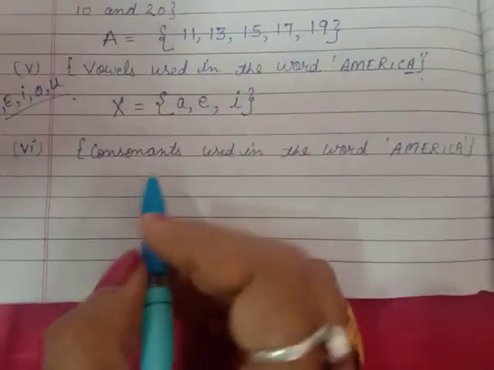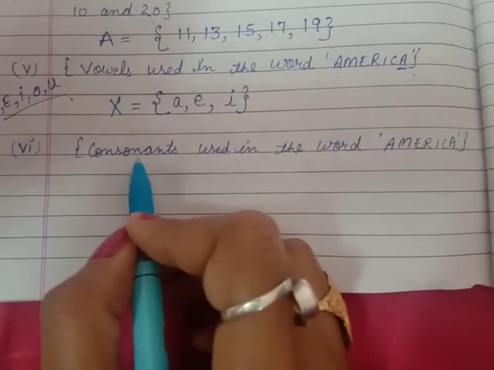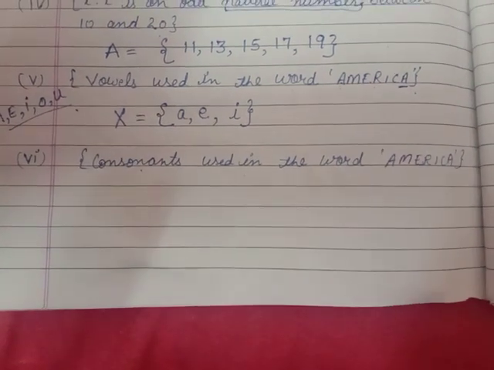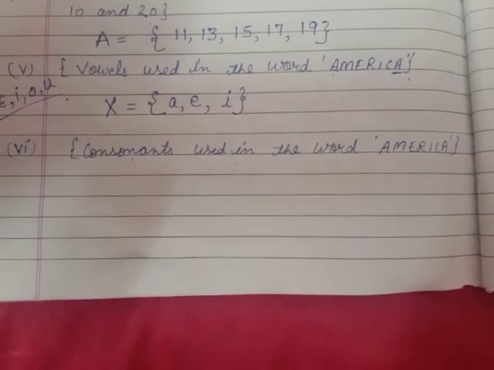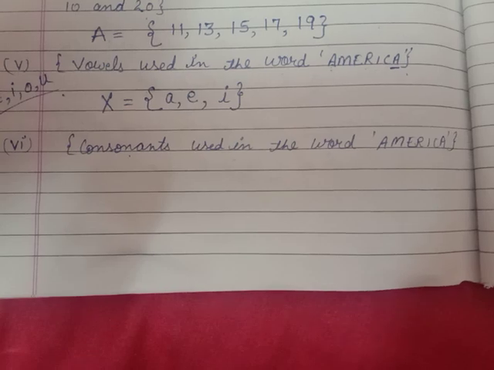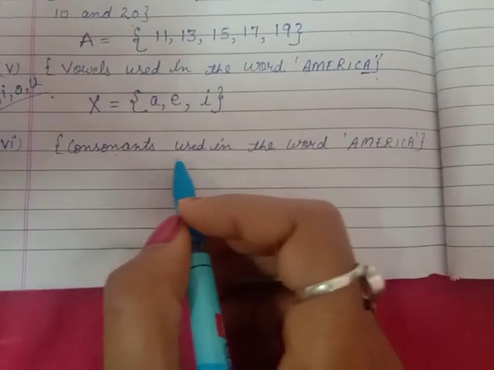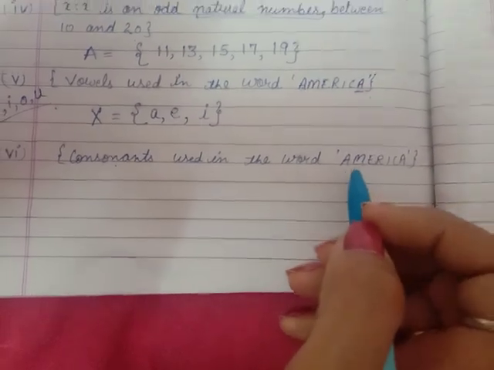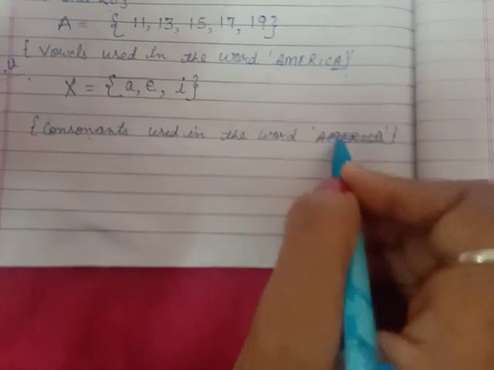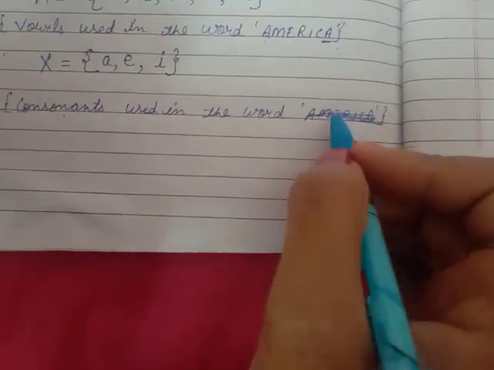The last one is consonants. What are consonants? The letters other than vowels are called consonants. There are 21 consonants in the alphabet. Consonants used in the word Madras.